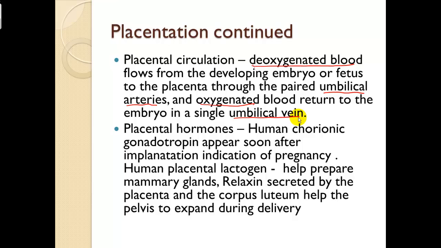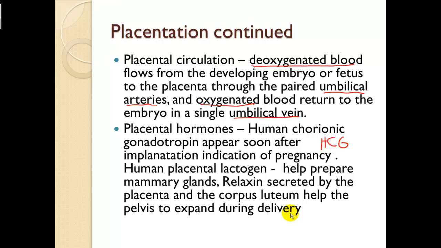Placental hormones. Human chorionic gonadotropin appears soon after implantation, an indication of pregnancy, which is an HCG test. Most normally, these are the same ones that you can get at the drugstore. They look for HCG in the urine.